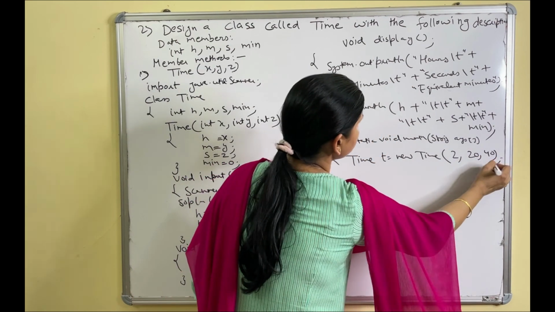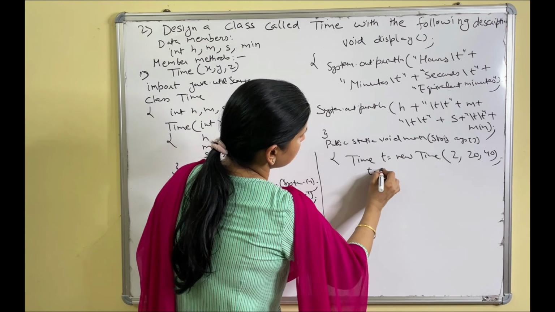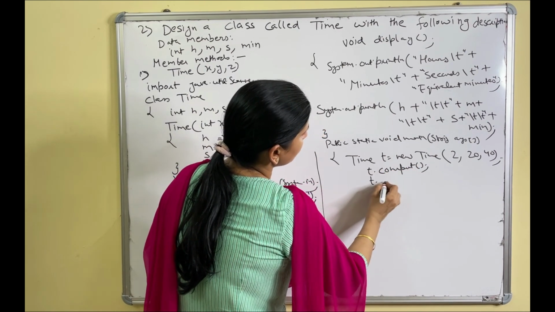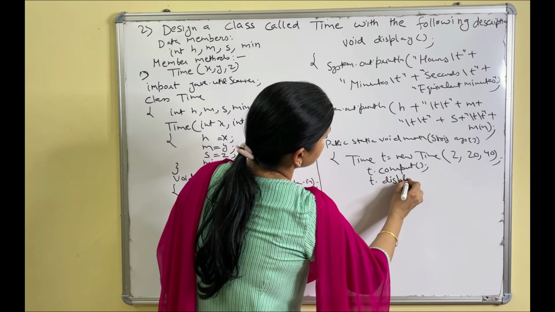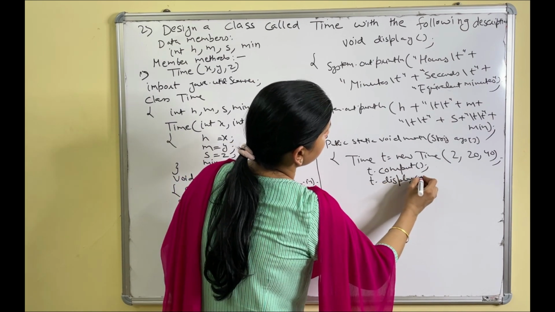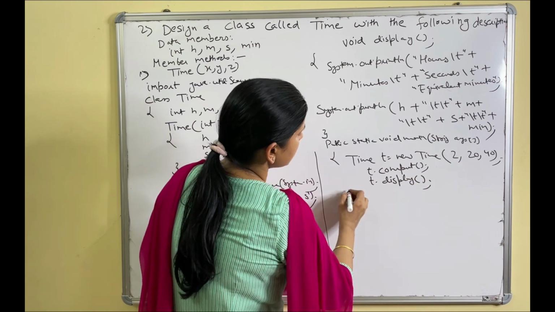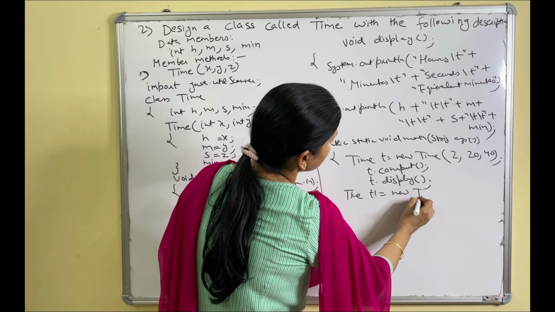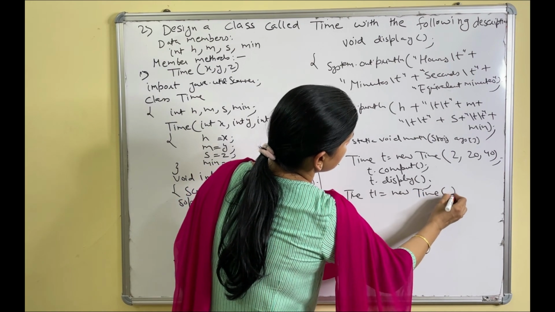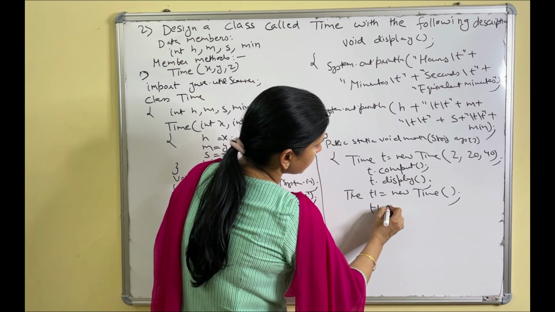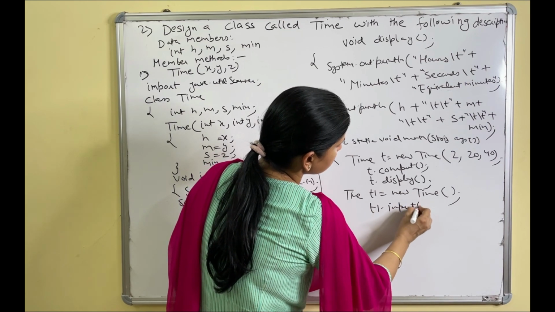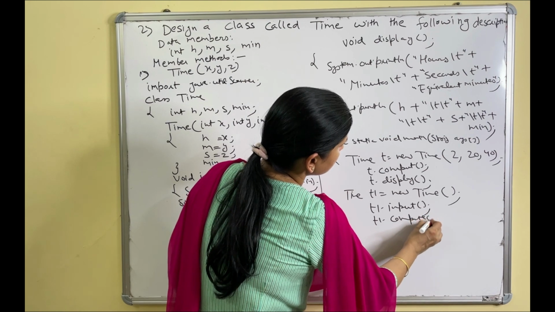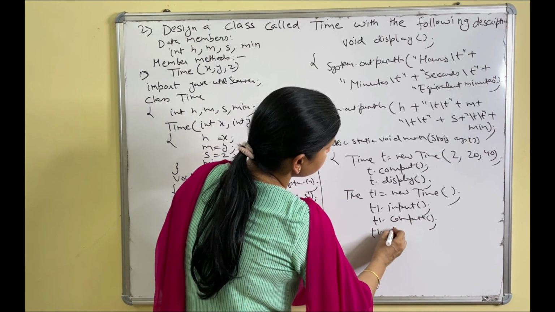So it will invoke the parameterized constructor. Then we will invoke compute, and then we will invoke display, right? Display, this one. Same way we will take another object to invoke the input method. t1.input, t1.compute, and t1.display.